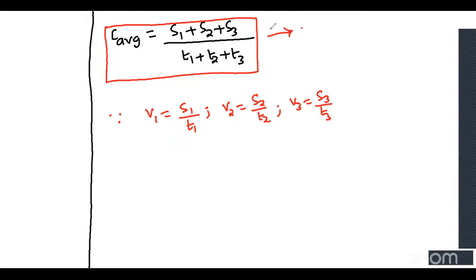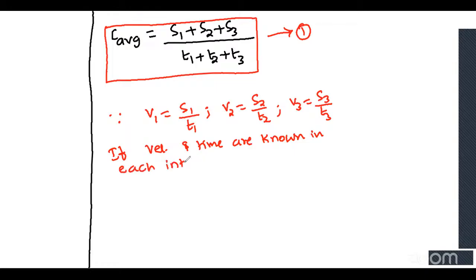In this equation, if velocity and time are known in each interval, then S1 can be replaced as V1 T1.